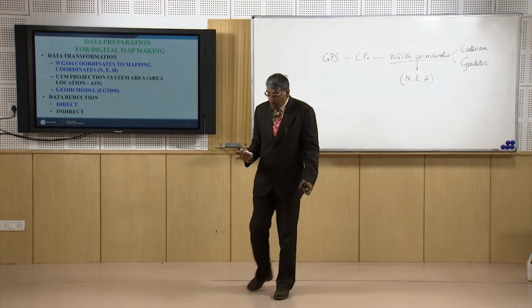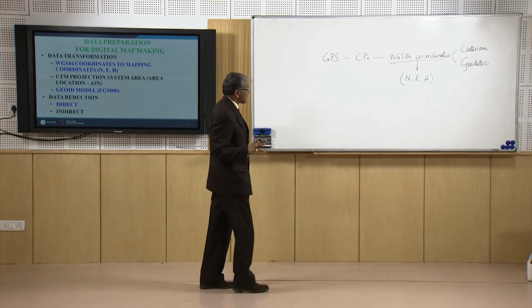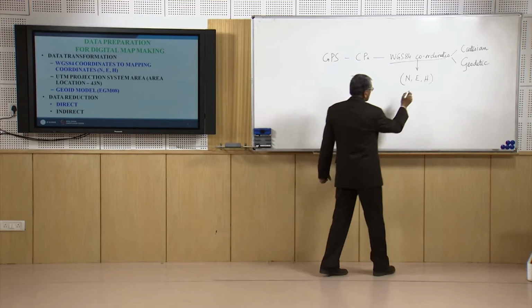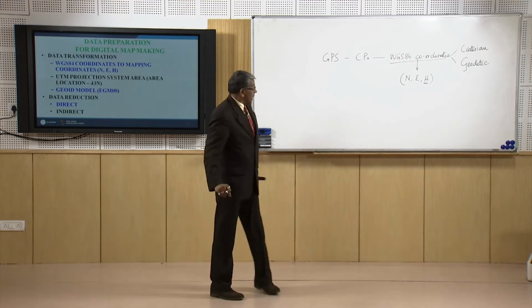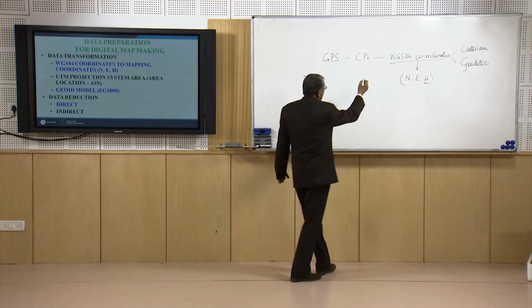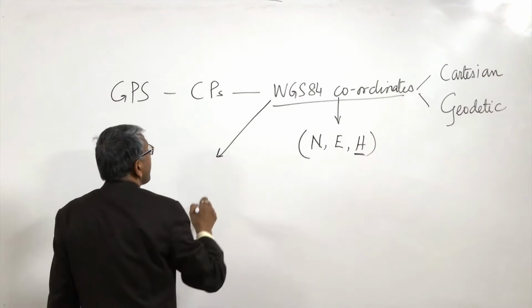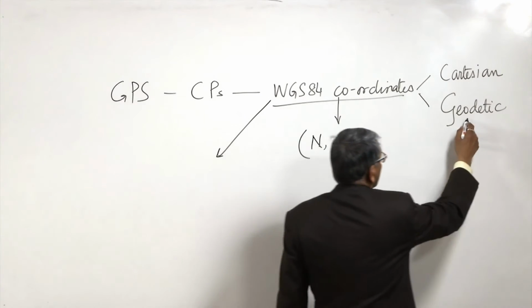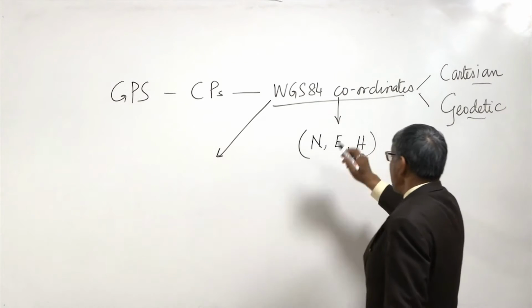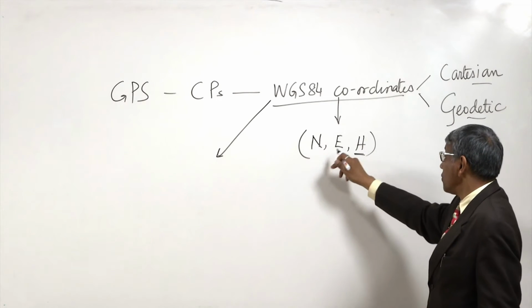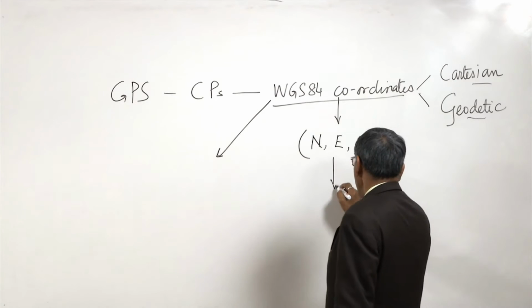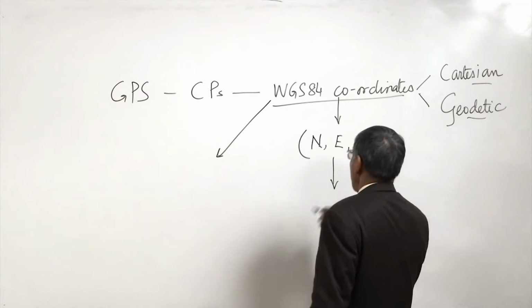Generally we prepare a map making use of north, east and orthometric height. Now the WGS 84 coordinates, which are geodetic or Cartesian, have to be transformed to north, east, height, and that can be done through software.